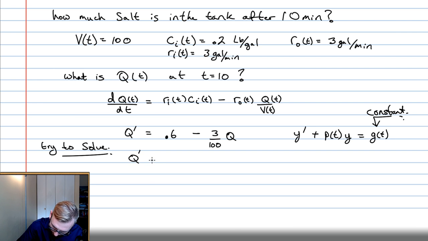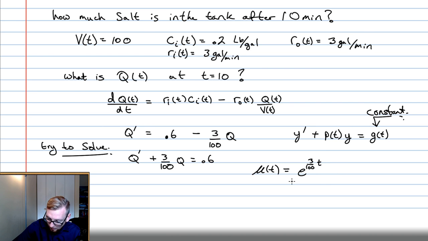So q prime plus 3 over 100 q equals 0.6, because the 3 over 100 becomes positive on the other side. Okay. Now, we're going to take our mu of t. So we were doing this process before. And we're going to take e to the 3 over 100 t.